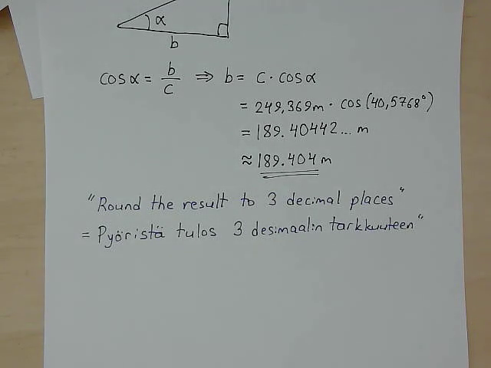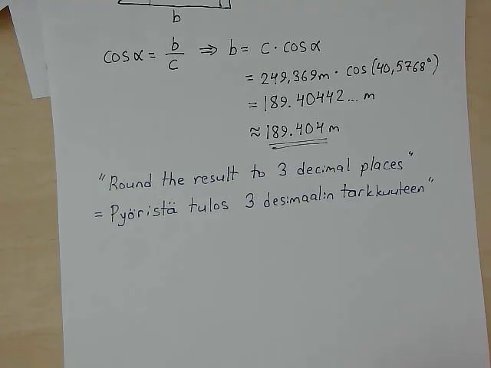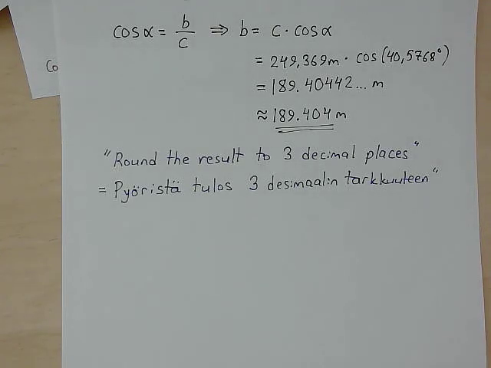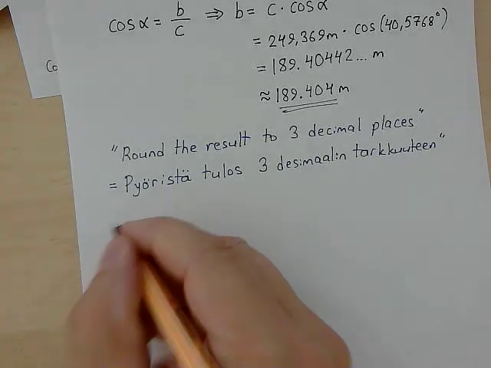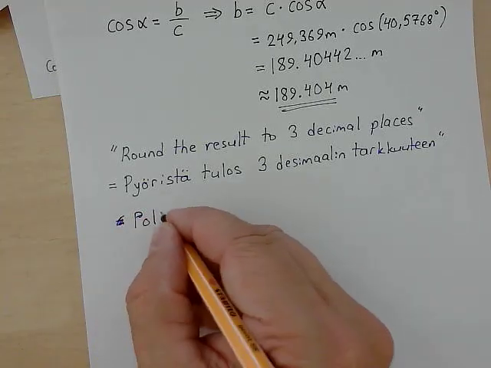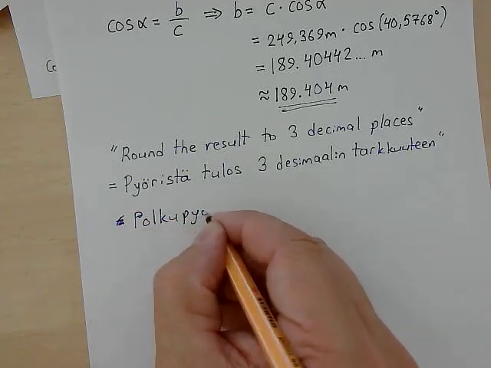Pyörä means bicycle in Finnish. Pyörä, polkupyörä, yes. So pyöristä maybe comes from pyörä. In a bicycle you have two wheels. Polkupyörä.